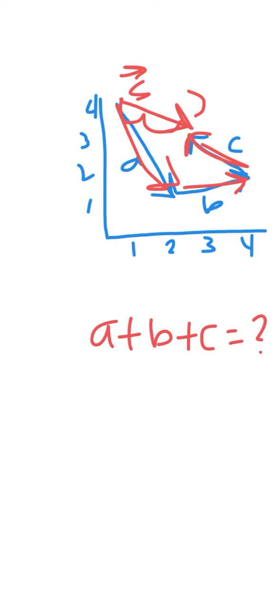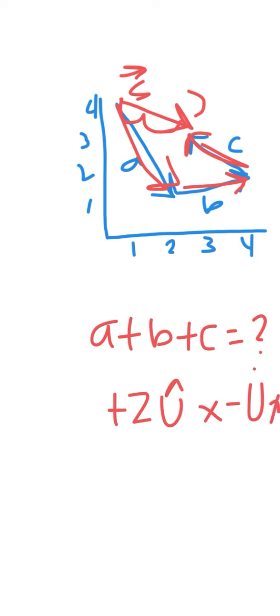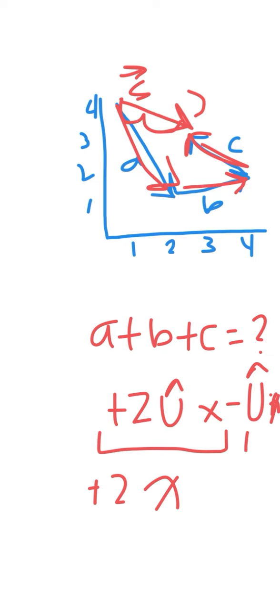So this vector would be written as plus 2ux minus uy. This signifies that it's going plus 2 units in the x direction, and this signifies that it's going negative 1 units in the y direction.